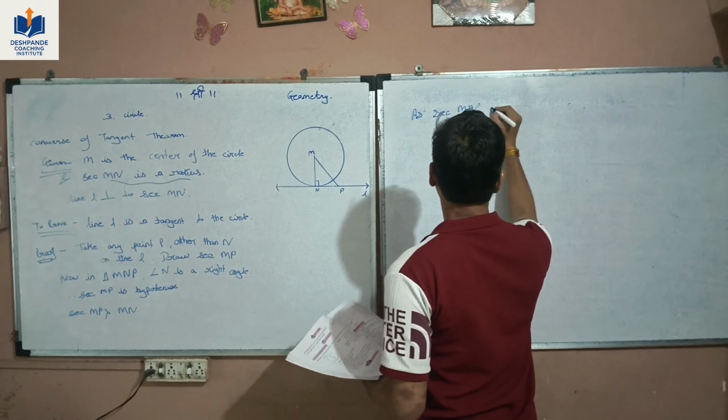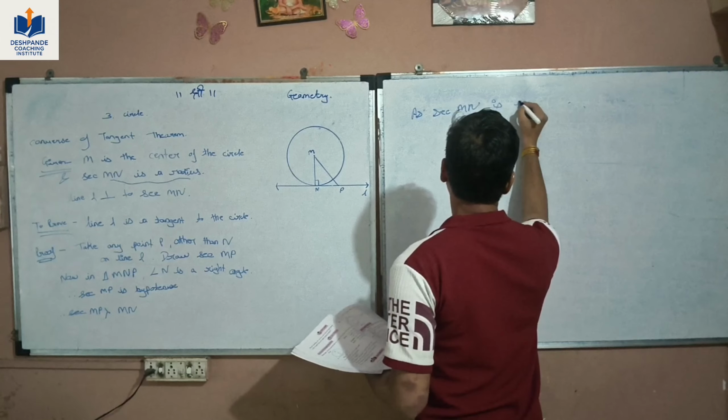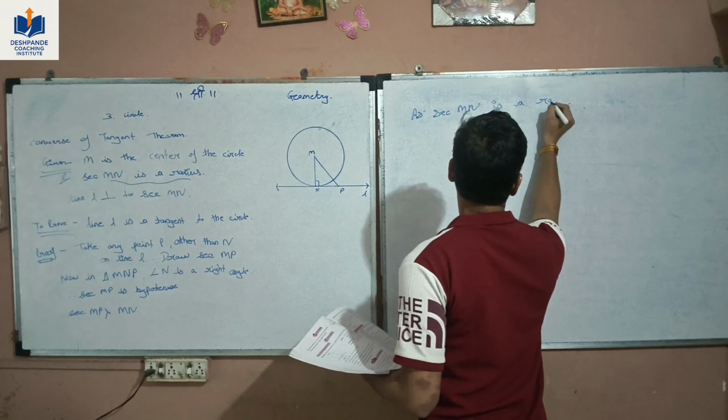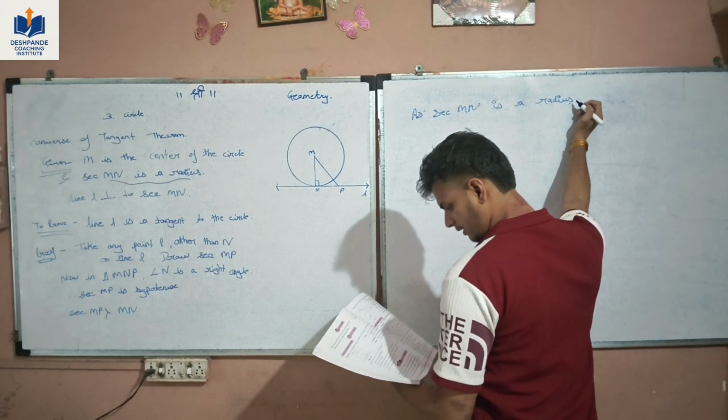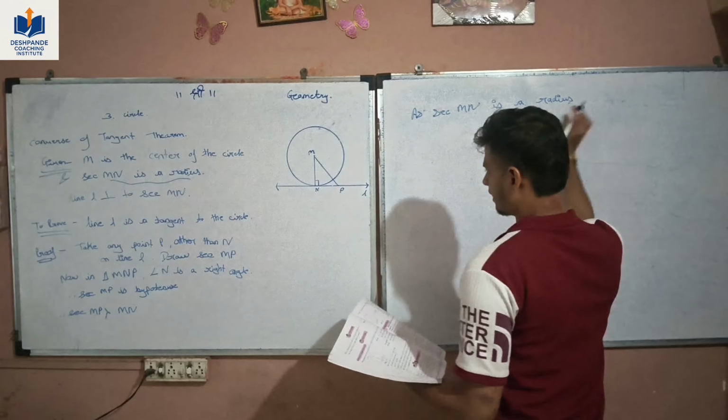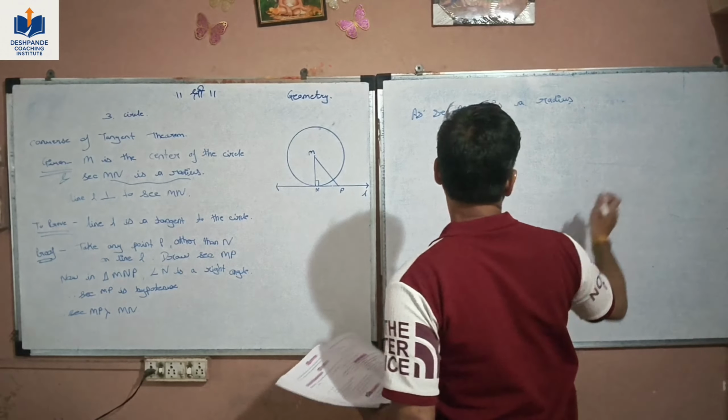So as segment MN is a radius, point P can't be on the circle.